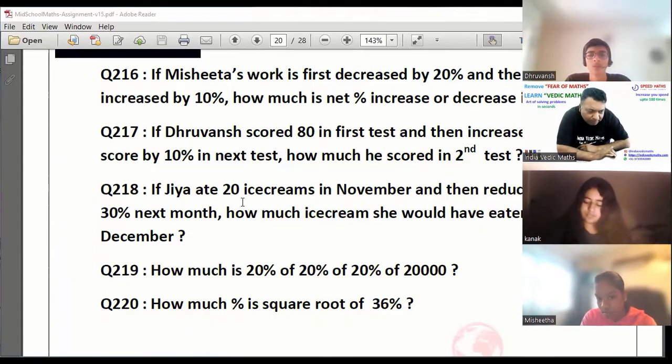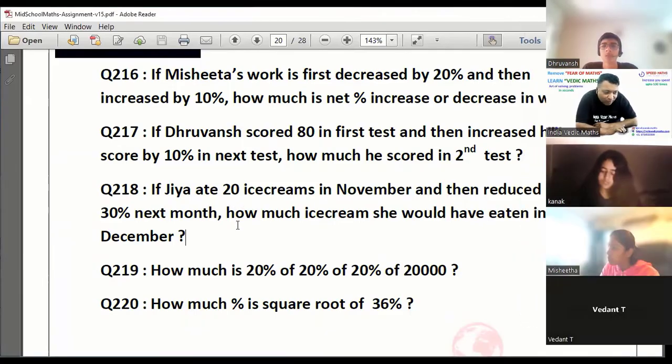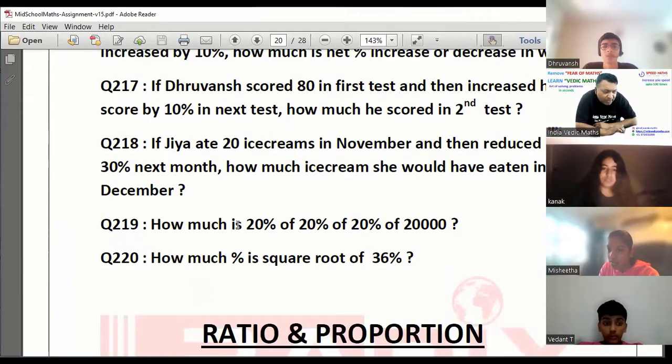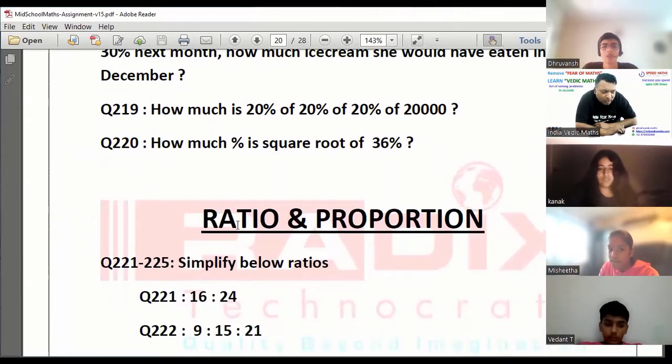No problem. Anyone? Will everybody be able to do all the questions? I know many of you have not done them yet, right? Vedant, 219, 220, all good. What is 220's answer? Anybody got it? What answer did you get for 220? Mishita, yes, please tell me.